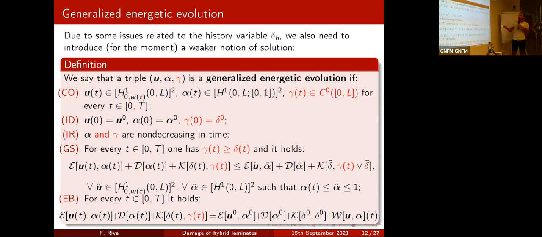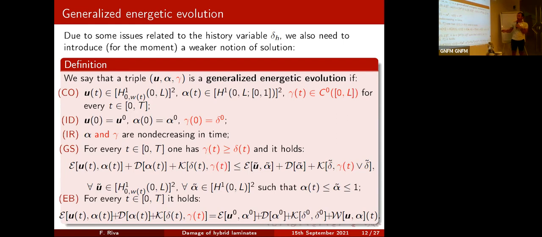While here we add this new variable, and so it's easier to find this kind of solution. And the definition is similar to the previous one, and in red you can see the differences, which are related to this gamma. It has to be a continuous function in space.